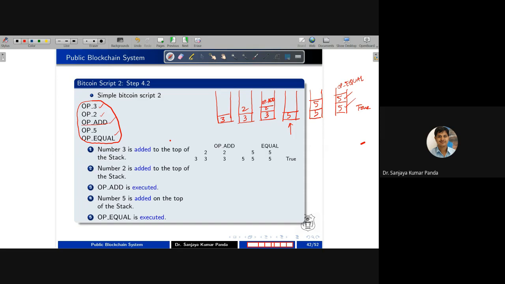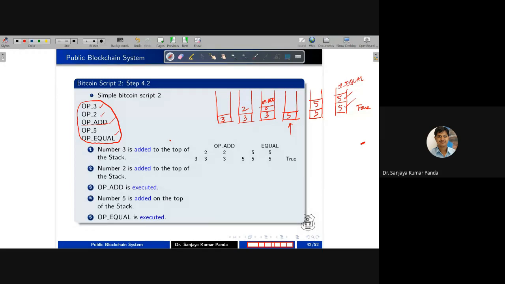If they are not equal, it will return false. In this way you can write a simple Bitcoin script, a small code in the Forth programming language, with the help of data instructions as well as opcode instructions.